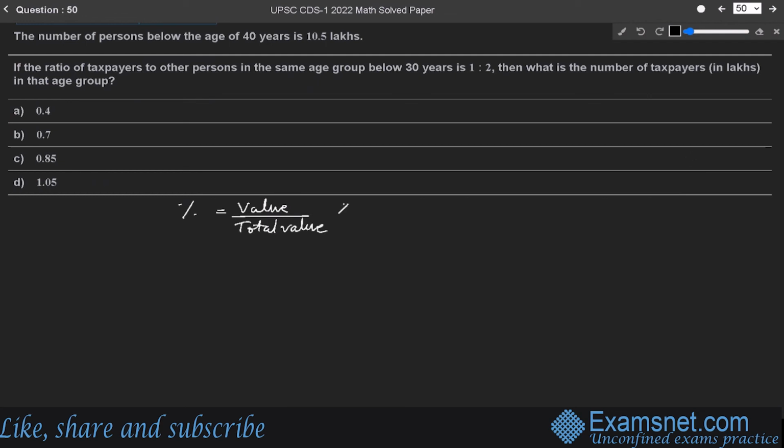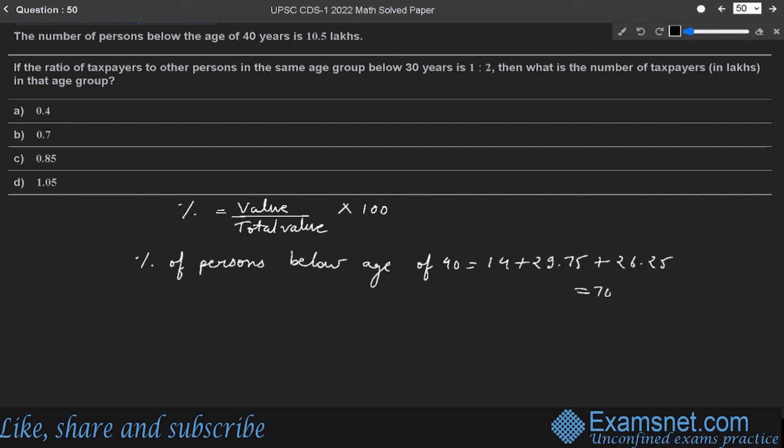into 100. Now we have the total taxpayers for the age group below 30 years as 14%. It is given. Therefore, the percentage of persons below the age of 40 will be equal to 14 plus 29.75 plus 26.25, which is equal to 70%.